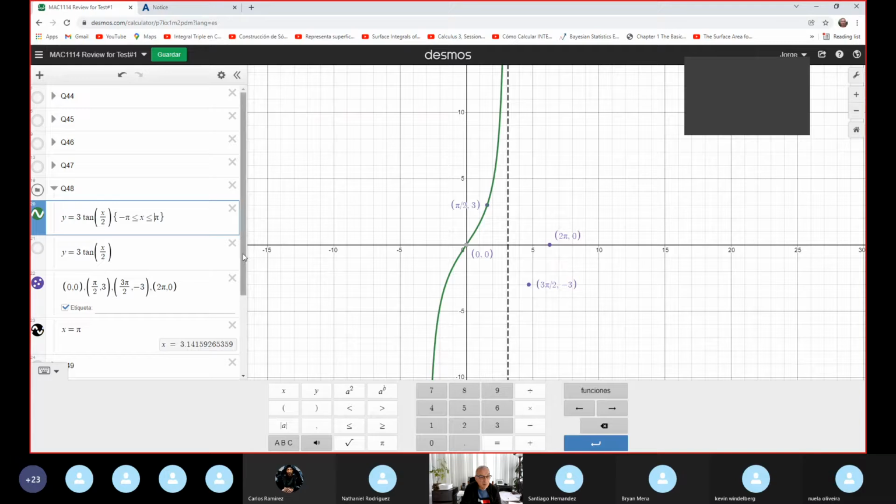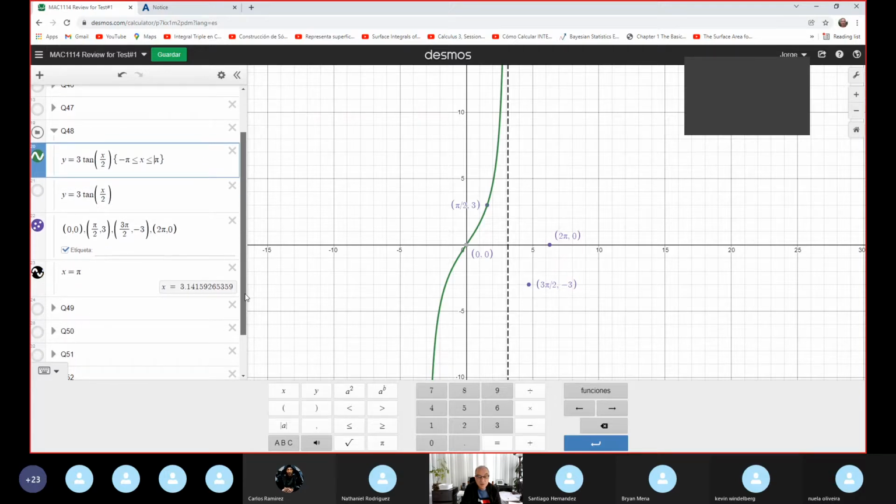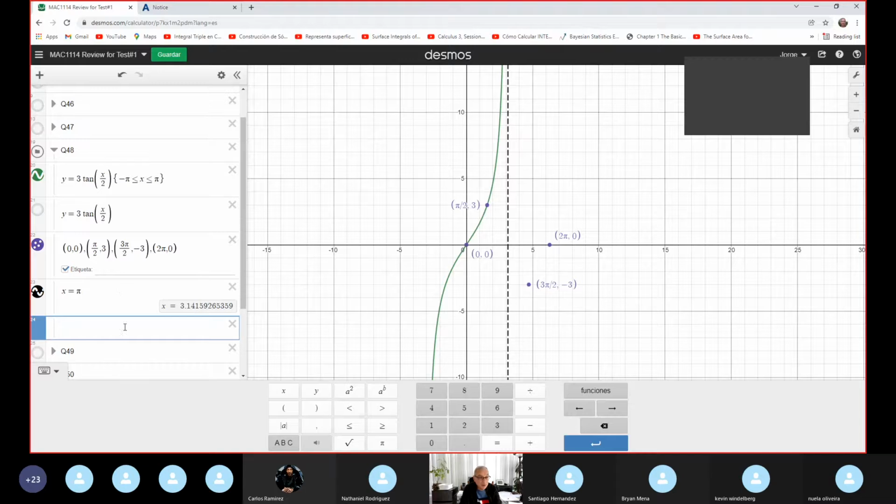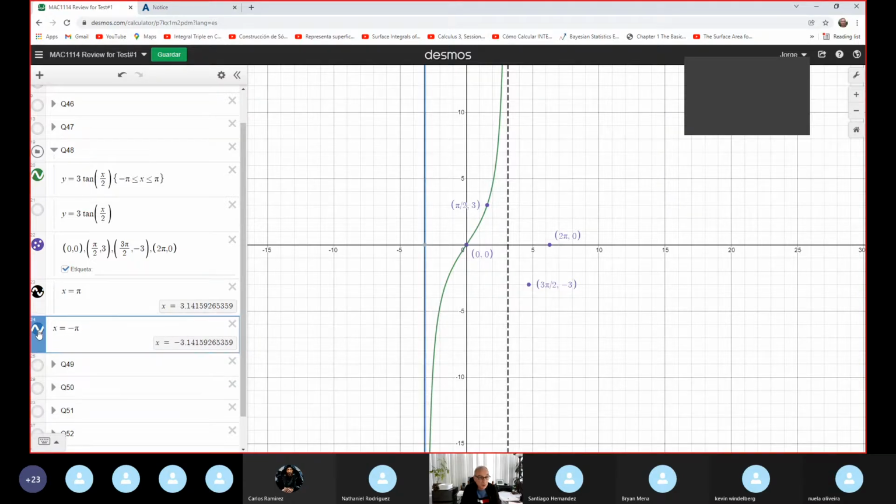And the asymptote is at pi and negative pi. Okay, make another asymptote here at x equals negative pi. Black color. Dotted line. Purple color. Okay. It's at pi and negative pi.